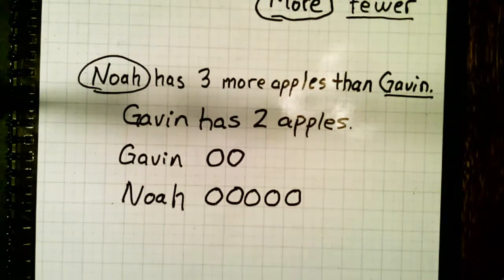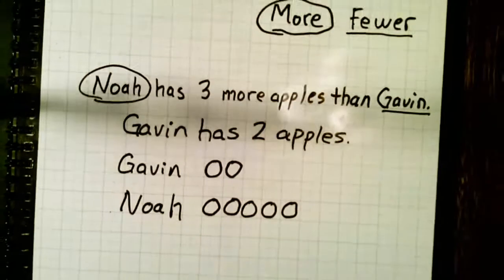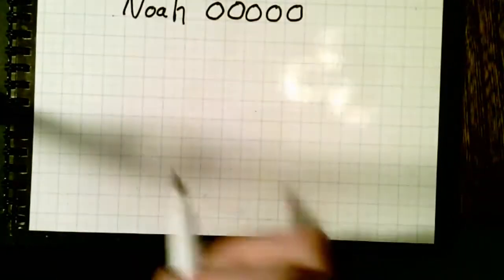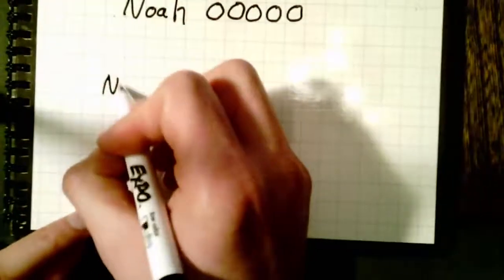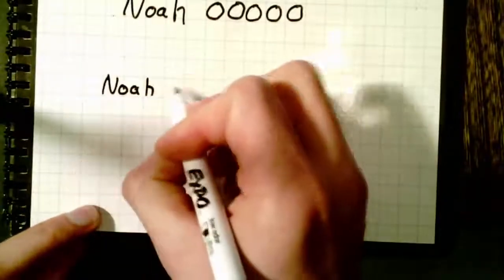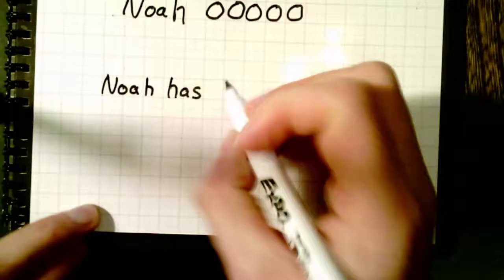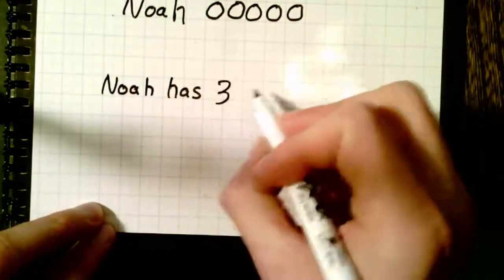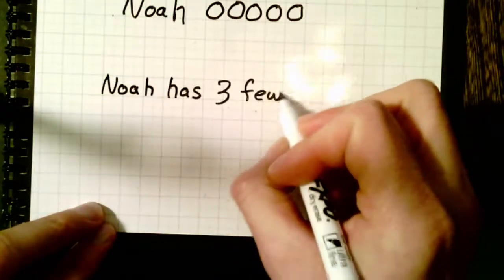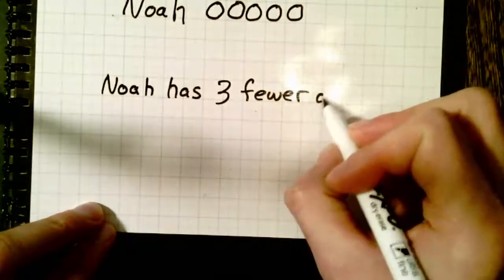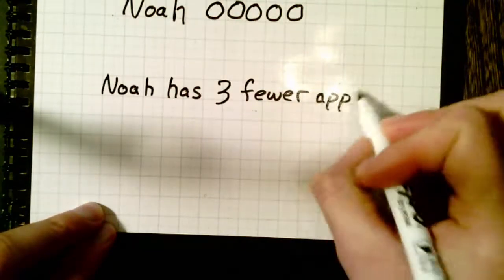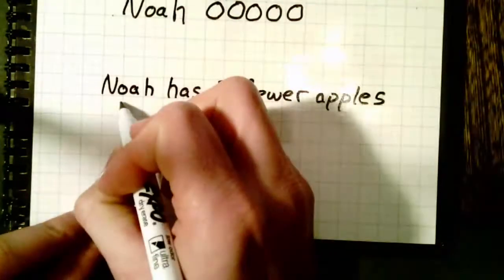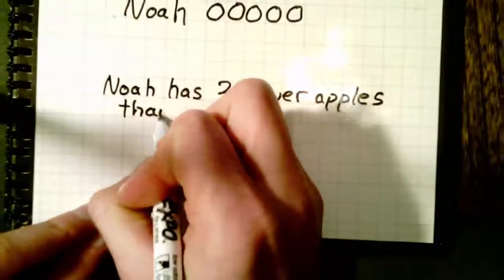Is that correct? Thumbs up if you got it. The same answer. Now, I'm going to make this harder because that's how I like to do things. Now, imagine Noah has 3 fewer apples than Gavin.